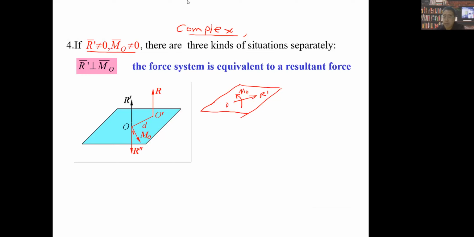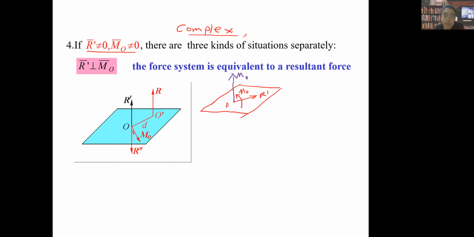Actually, this plane is also the action plane of this couple MO and R prime. If we use our right hand rule, we can let our four fingers fold along the direction of MO here. We will find that this MO can also be denoted as a vector direction up here. So actually this is the MO.